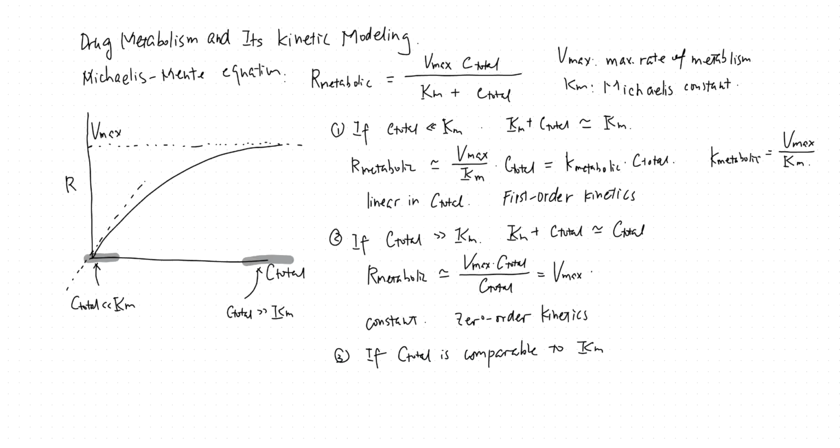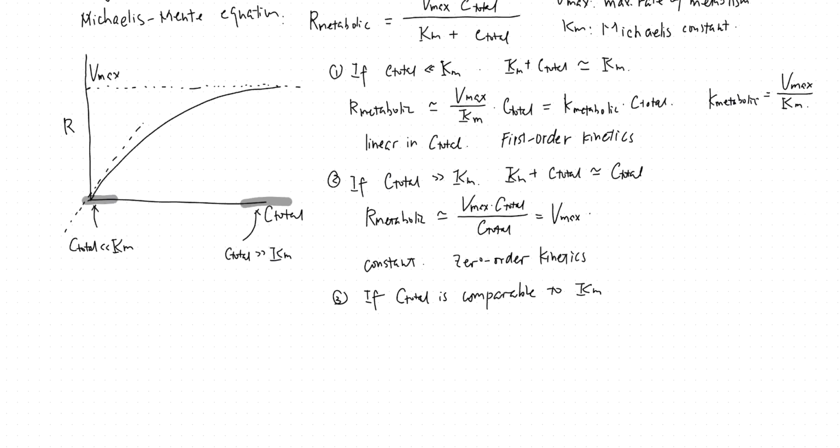At that time, it may follow zeroth order kinetics for the metabolism. And as the drug is slowly, continuously removed from the body, it will continuously transition until it drops to almost zero, to linear first order kinetics. So in between, there is a continuous transition.